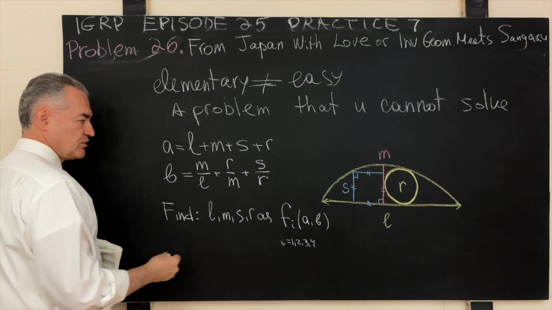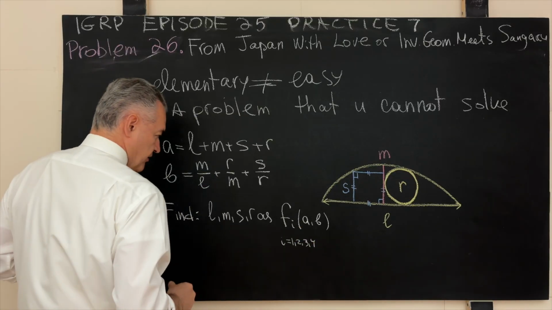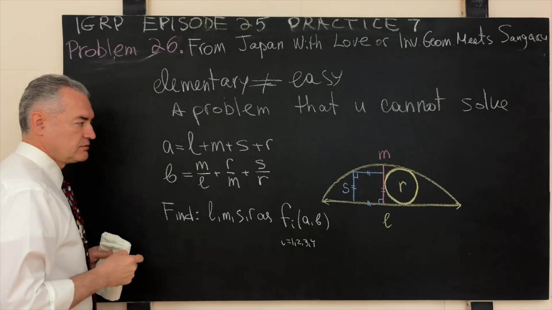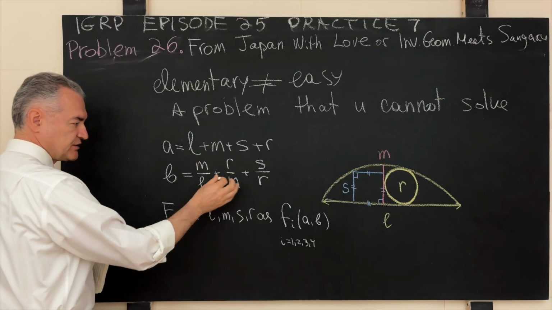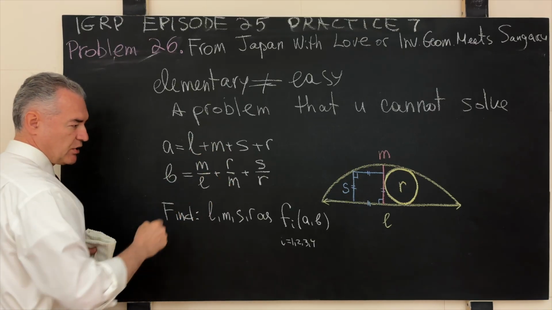So in some sense, when you gather everything into one fraction, you will have basically a ratio with something in the numerator and something in the denominator, LMR.